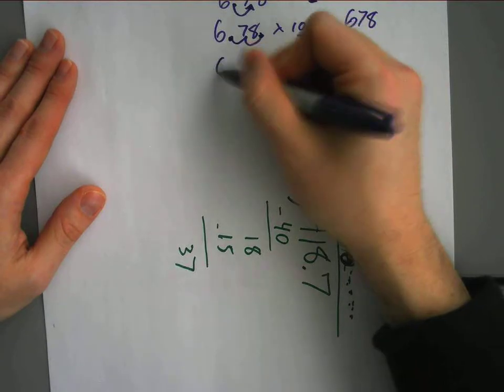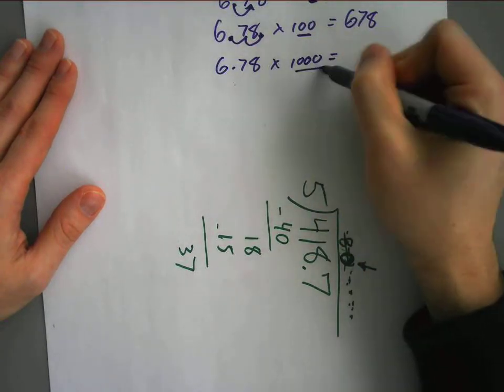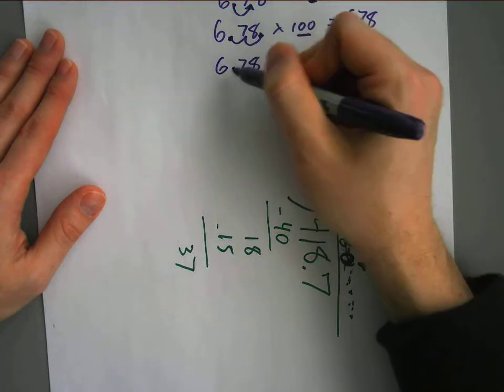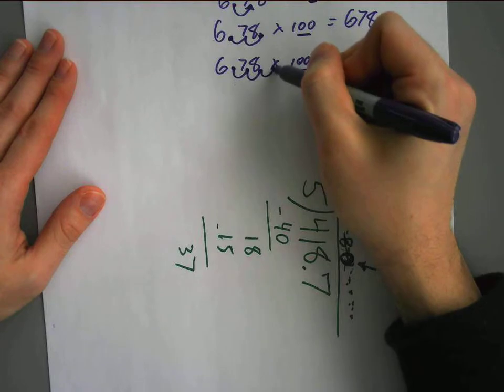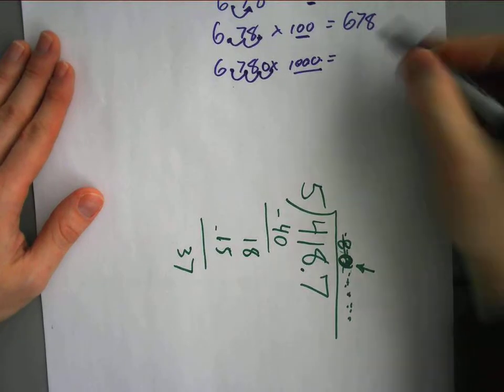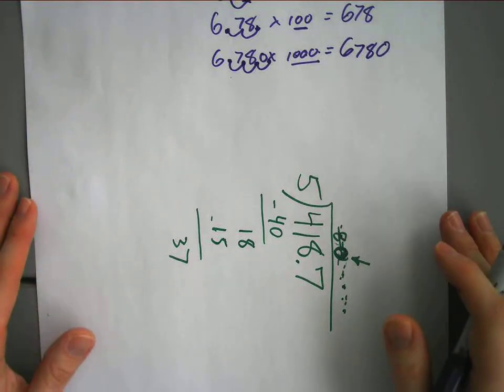And if I take 6.78 times 1,000, that means I move the decimal 1, 2, 3 times. So 1, 2, 3. That means a 0 has to drop into there, which makes 6, 7, 8, 0.